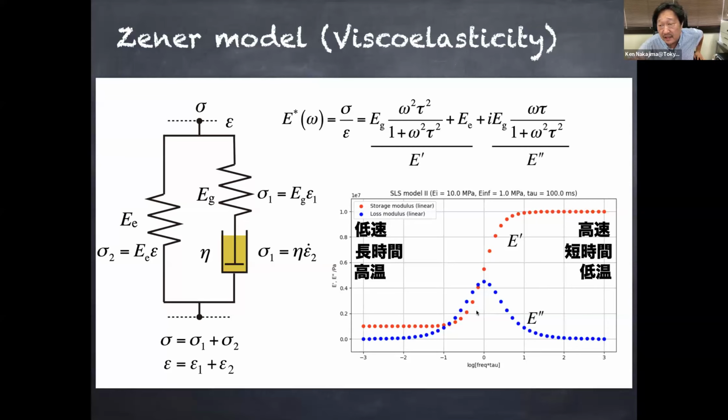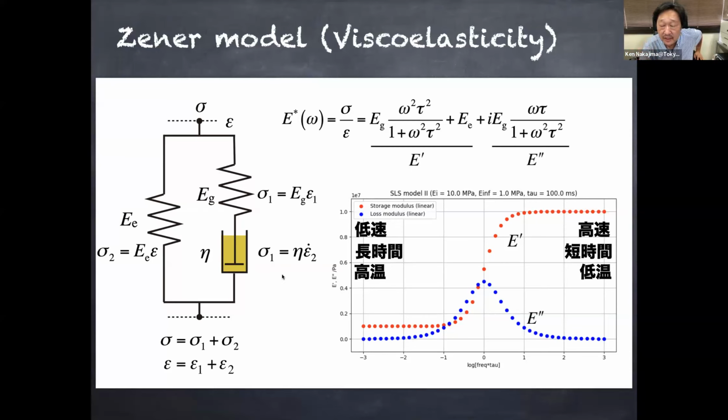That is a very interesting point of this toy model, which hopefully explains the phenomena occurring inside the material. But please don't believe that there is a spring inside the material, or a dashpot inside the material. This is just a toy model, okay?